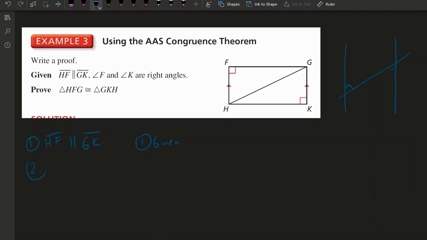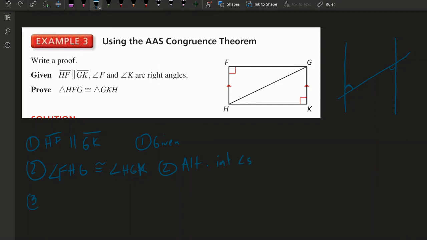So step 2, I can say angle FHG is congruent to angle HGK because of alternate interior angles.